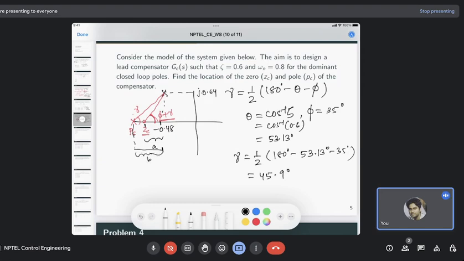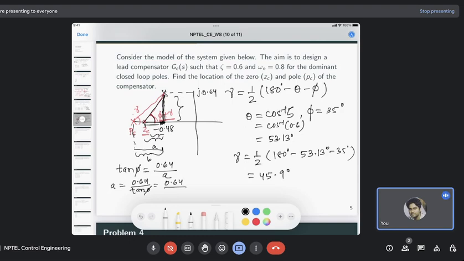It is easy to check that in this triangle, tan of phi equals the height divided by the base. The height is 0.64 and the base is A. So A equals 0.64 by tan phi.